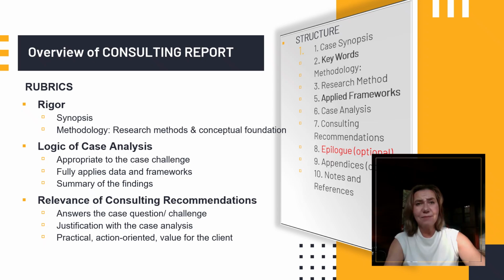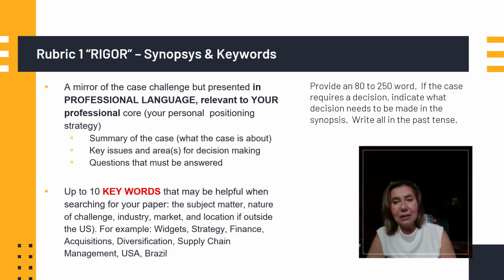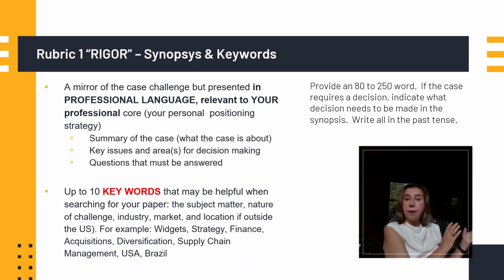Now let's dive in. So you start your consulting report with synopsis and keywords, and this is where your rubric number 1 is located. What you do, you take the challenge from the case, but translate this into professional language.